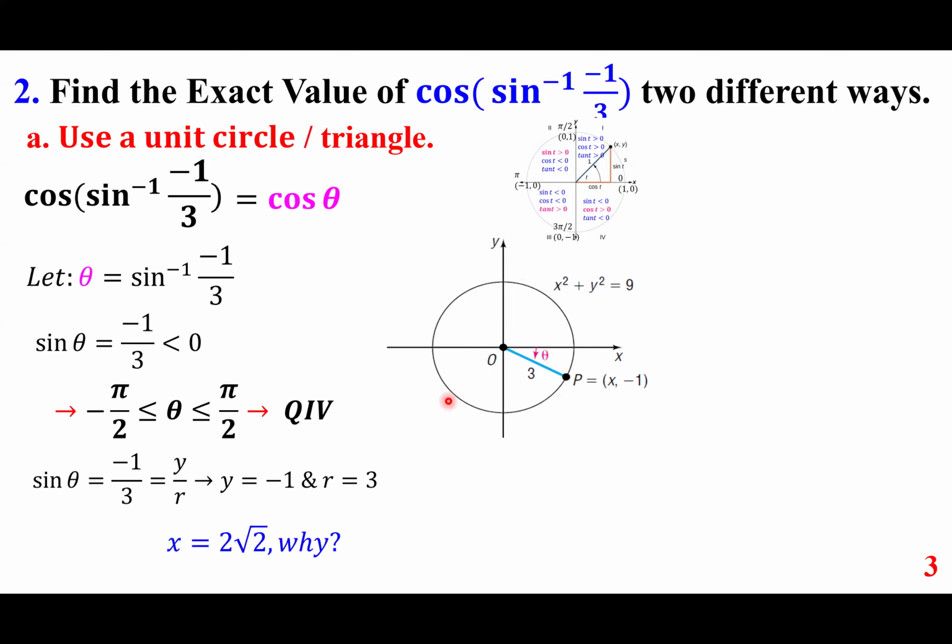Normally we use the unit circle. In this case, it's not a unit circle. R is something other than 1. So theta, okay, we are in the fourth quadrant, and we know r is 3, and P has coordinates x comma y. What is the coordinate for x? We don't know, but for y, we know it to be negative 1. So in this triangle, this is 1, this is 3, and this becomes 2 square root of 2 because a squared plus b squared equals c squared.